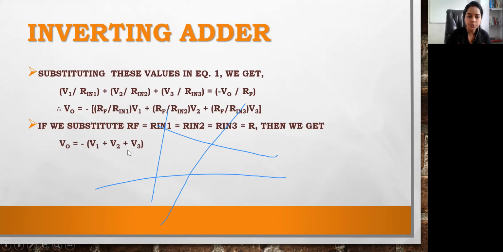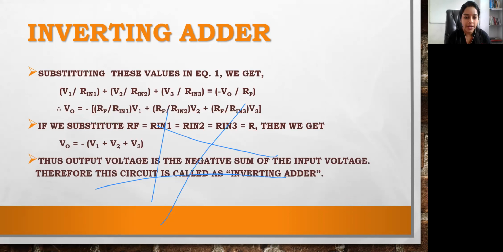Okay, so this is how we get the final equation of output voltage, which is equal to the summation of all three voltages but with the minus sign. So what does this denote? This is the final output voltage equation for an adder. It has a minus sign, but we have just added the voltages.